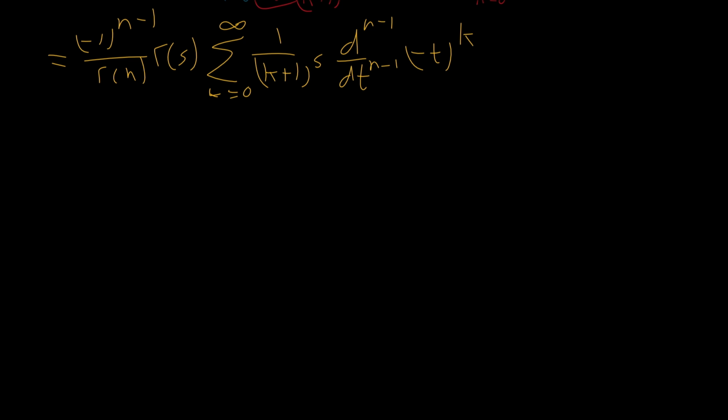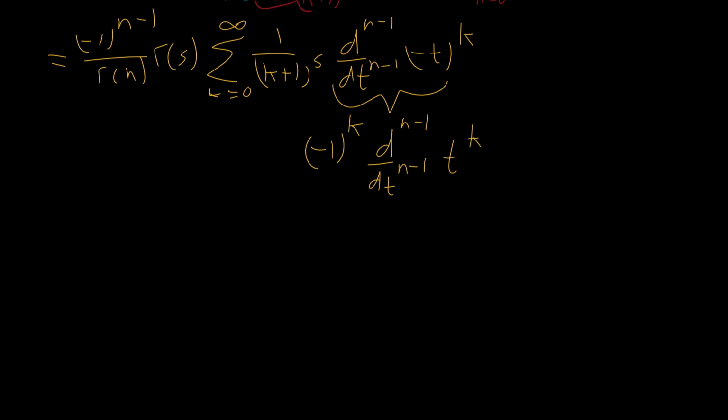So the first thing I'm going to do with just evaluating this bit right here is note that we can just take out the negative 1 to the k to avoid having to do any chain rule, and what we're left with is d over dt, n minus 1, of t to the k.